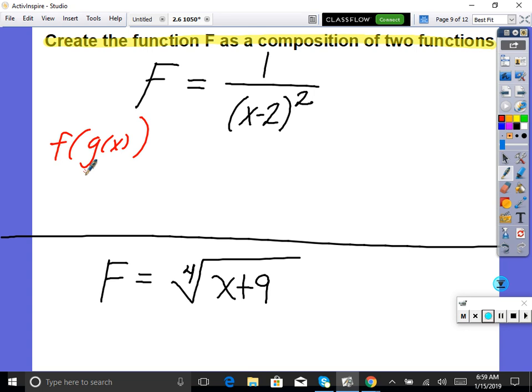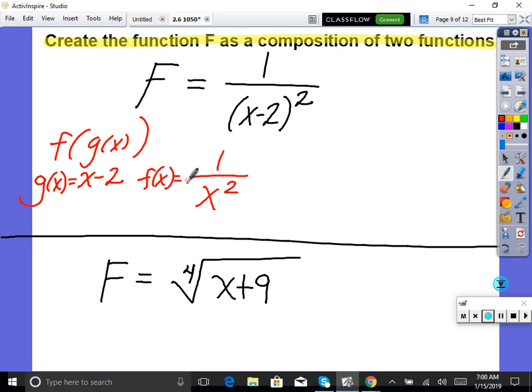So you said g of x could be? Okay, good. Do you guys see what she's saying? So she's saying this is g of x, this is f of x, and if you take g of x and plug it into f, it would recreate that function. There's many correct answers.